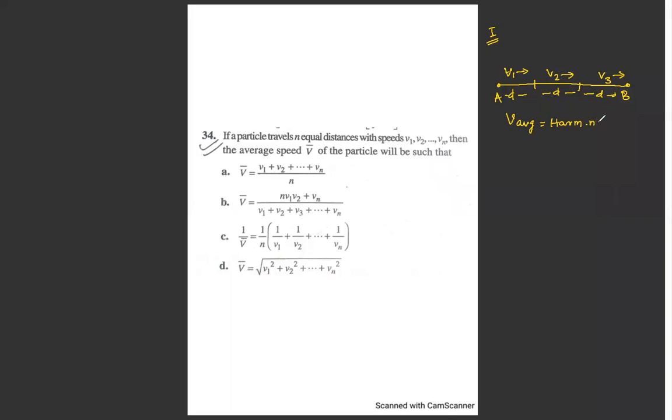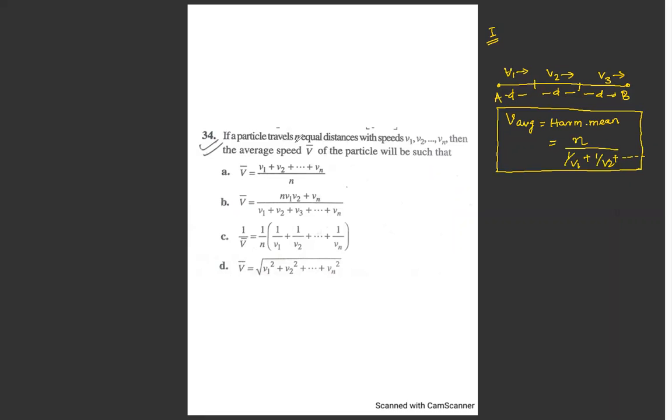Harmonic mean means n by 1 by V1 plus 1 by V2 and so on. So this is the average velocity formula when we break the whole distance into three equal parts and in all the parts the velocities are different, right?